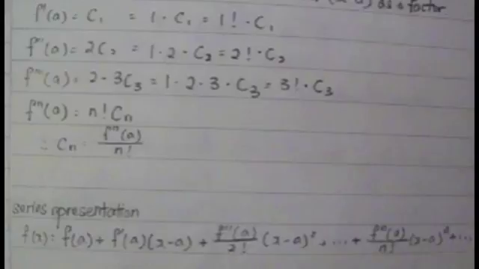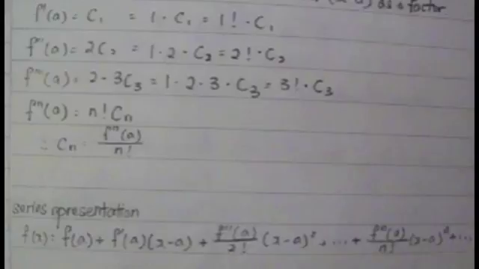So for the second derivative at a, we'll only get 2C2. For the third derivative at a, we'll get 2 times 3C3. And we can generalize it as the nth derivative at a equals n factorial Cn.